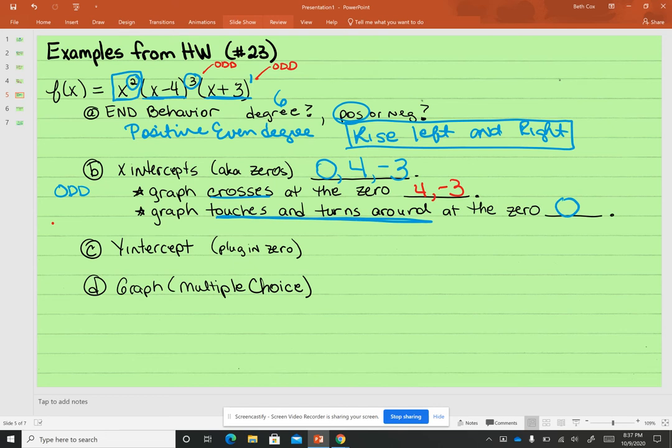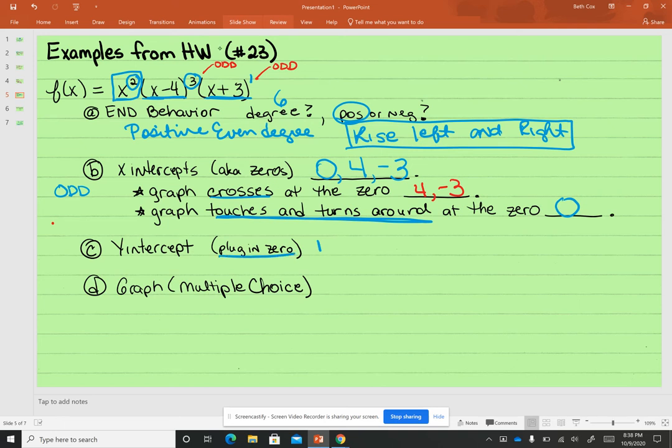All right. Now, the y-intercept. Well, since it's not in regular standard form, we can't just look at it and find the y-intercept. So what we're going to have to do is actually plug in 0 to get the y-intercept.